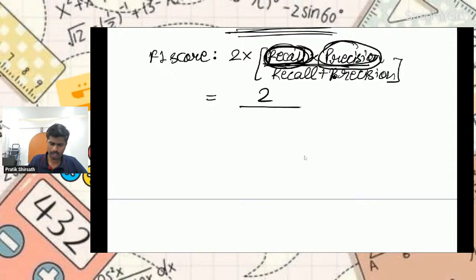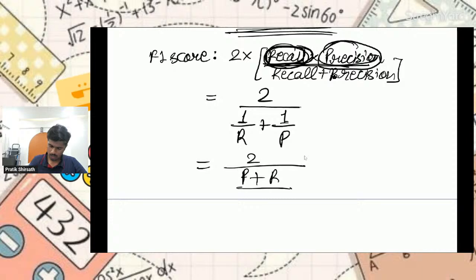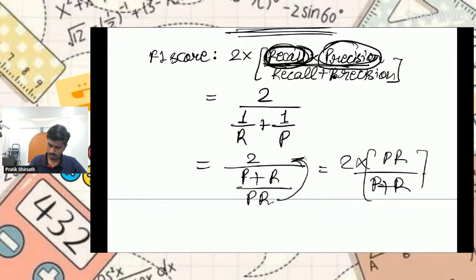The first component is recall, so the reciprocal of recall, which I will name R, and 1 upon the reciprocal of precision, that is 1 upon P. If I solve it, this will be P plus R upon P into R, and this goes up, so it will be 2 into PR upon P plus R. This is nothing but the formula which we have got.